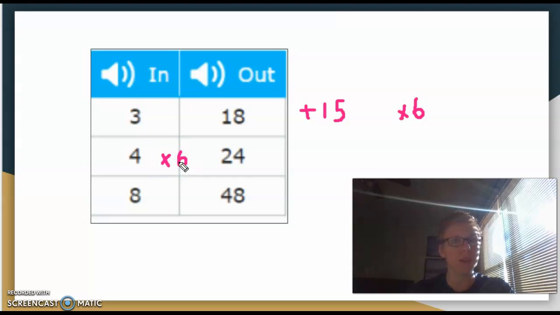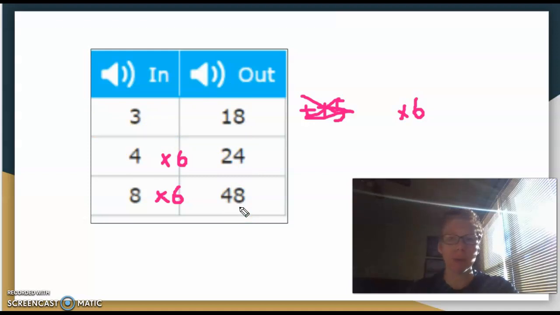I'm almost 100% sure. Let's go on to the next number. Is 8 plus 15 48? No, I'm just going to cross that guy out. Nope. 8 times 6 is 48. So I know that my rule for this input-output table is multiply by 6 because each number is multiplying by 6 to get the next number.